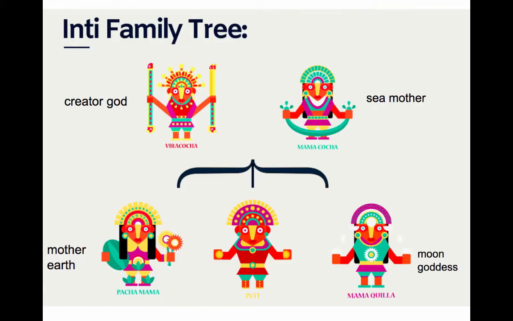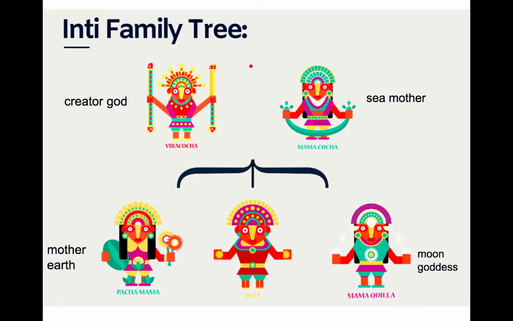A couple of the gods that I think are important to recognize. So this is, as it says here, the Inti family tree. The father of Inti is Viracocha, and he's the creator god. He's often shown holding corn, that might not look like that, but that's what he's holding.